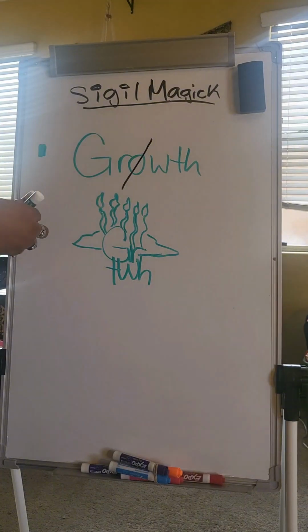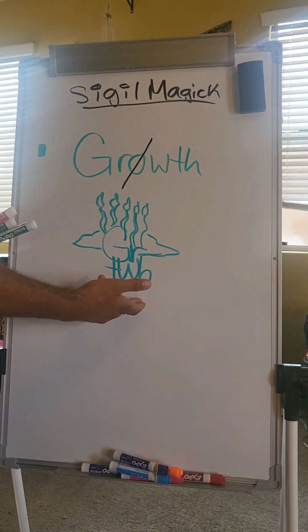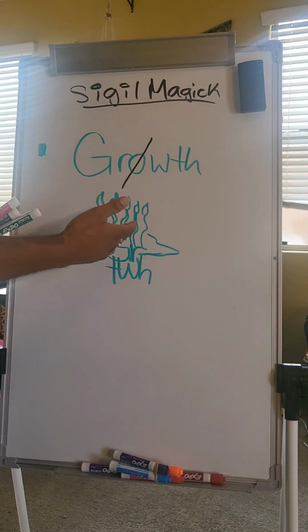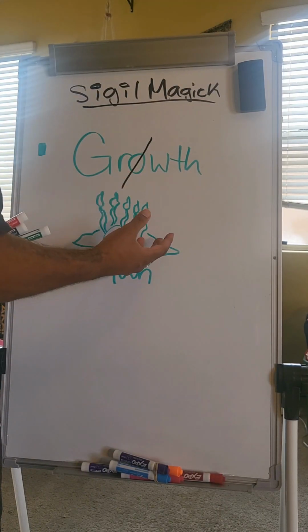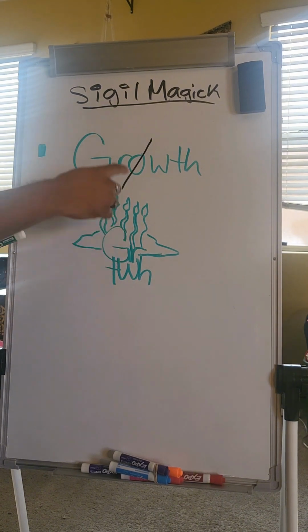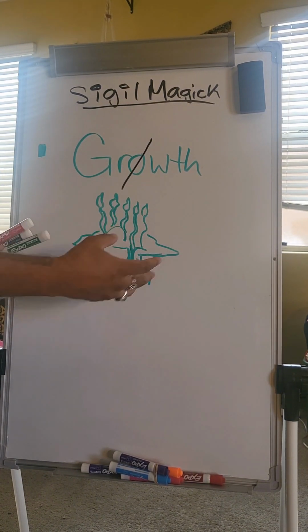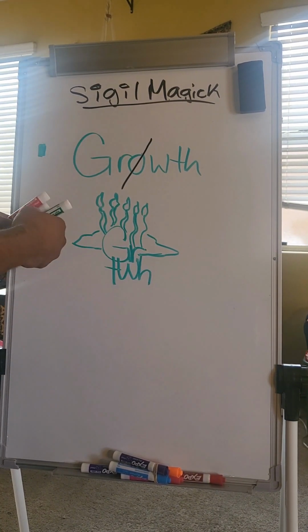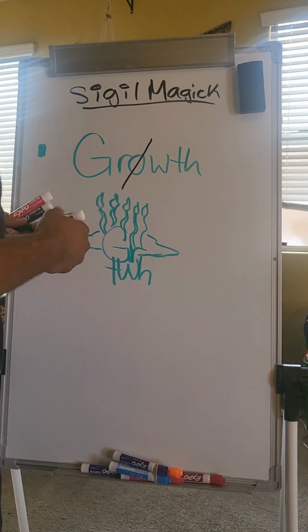Now I've associated my sigil with the color. I've associated it with the symbol of plants growing, and I've associated it with the word that I took the vowels out, and then we have a friction within the letters, okay?